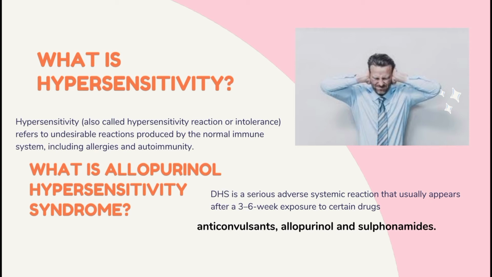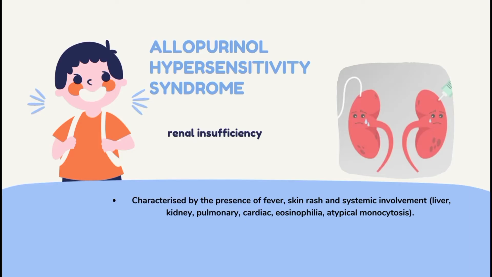AHS is a serious adverse systemic reaction that usually occurs after a 3 to 6 week exposure to certain drugs. Drugs implicated include anticonvulsants, allopurinol, and sulfonamides. Allopurinol hypersensitivity syndrome is caused by renal insufficiency.